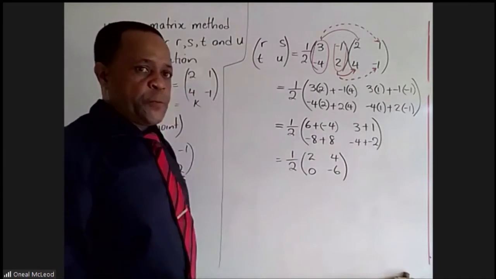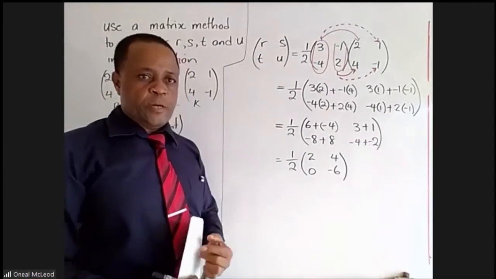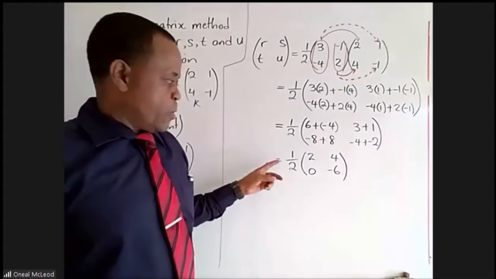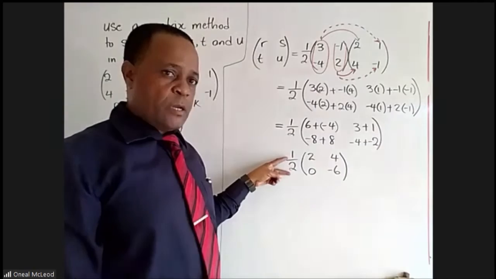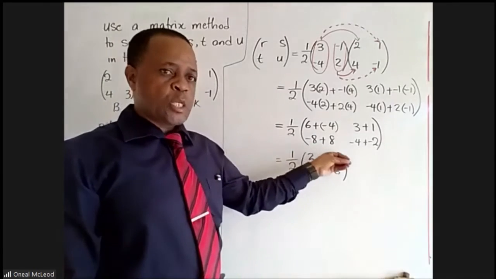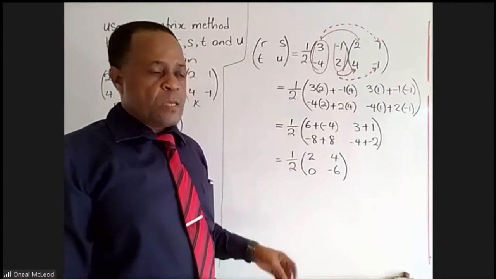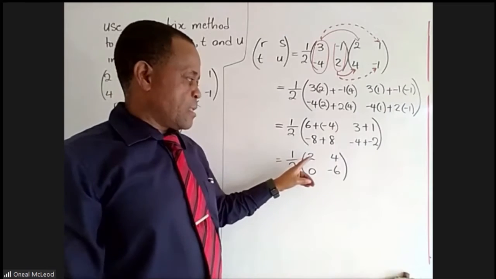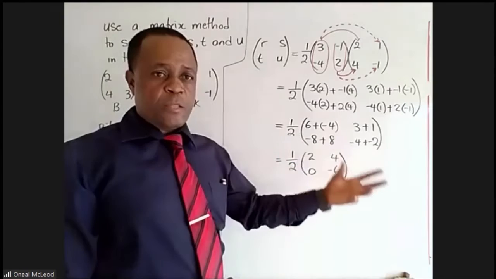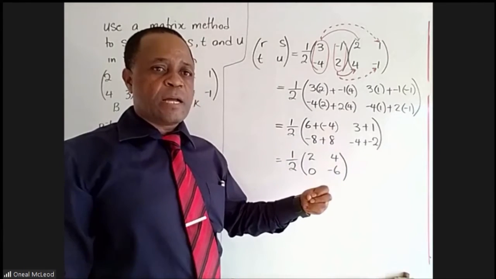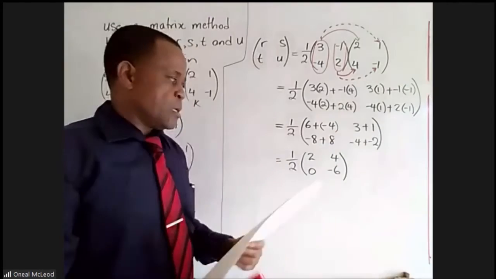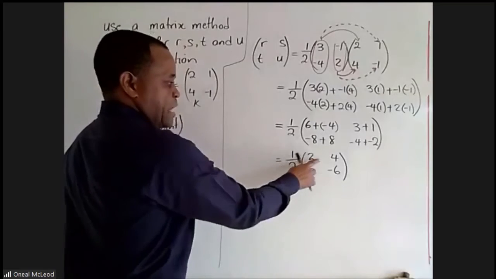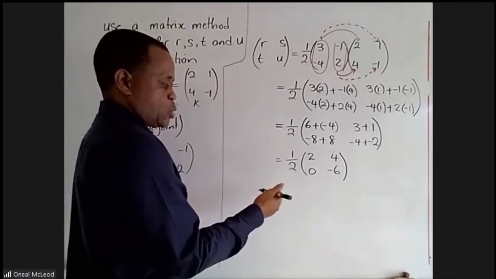Now, at this point, students, we are going to use our inverted determinant, which is our scalar quantity here, to multiply each term on the inside. A half multiplied by another number is the same thing as that number divided by 2. So we just need to divide each term inside here by 2.